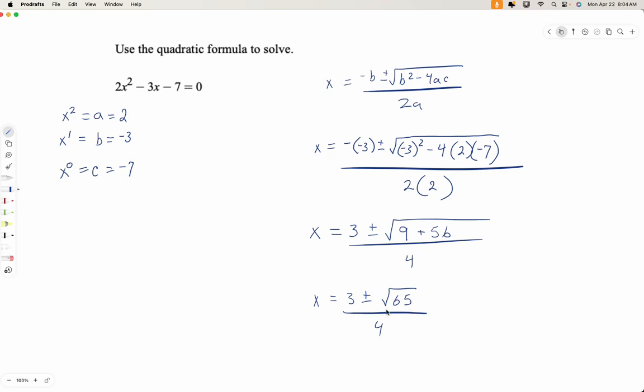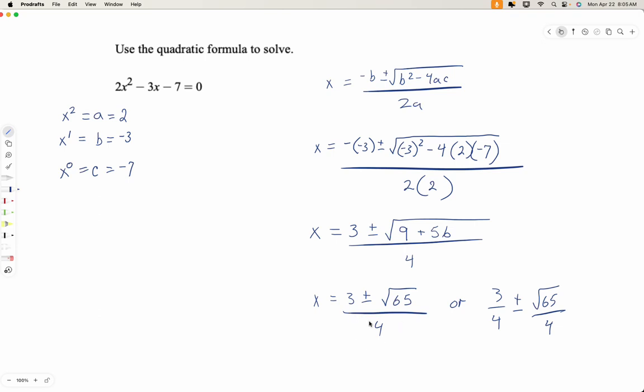All right, you could also separate that. You could say 3 over 4 plus or minus the square root of 65 over 4. This is actually what we're working toward. This would be the most correct because you don't want to have a radical included with an actual value here. But we'll accept this in the very beginning just because that's what we're getting used to. We're learning how to solve it.